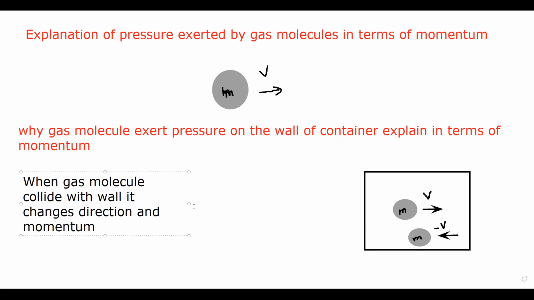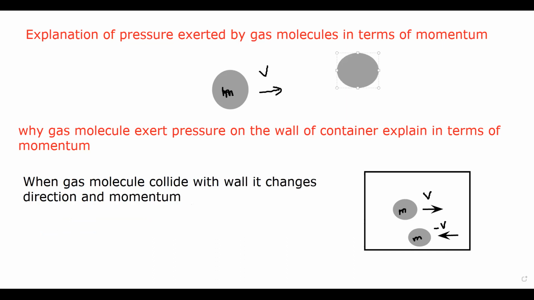Because momentum is a vector quantity, even if only the direction changes, the momentum will also change. For example, if a gas molecule was moving with a momentum of 10 kilogram meter per second, and it changes direction after bouncing back from the surface, it will not be 10 kilogram meter per second, it will be minus 10.